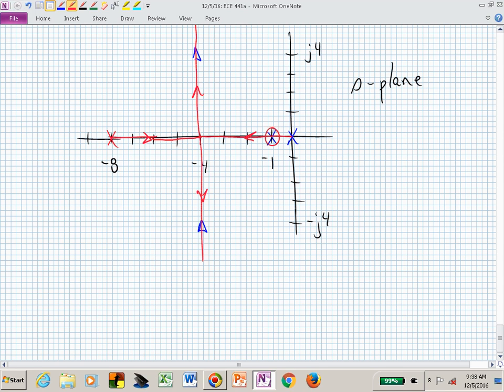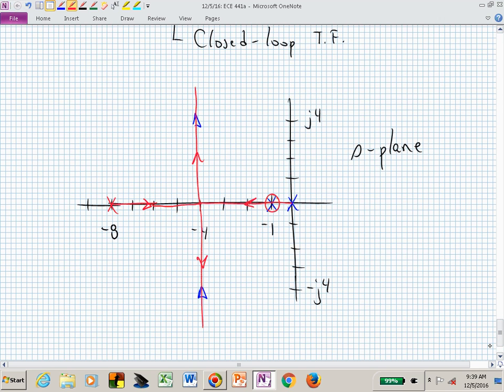What's that red line indicate? What's the phase of this pole-zero pattern on that red line? What's the angle due to each of those poles and zeros in this configuration if you wanted the angle at that red line? Maybe I'm asking a question you've never heard me ask before, but what's the angle that defines our root locus?